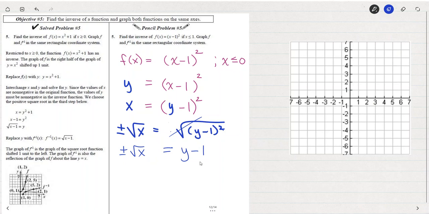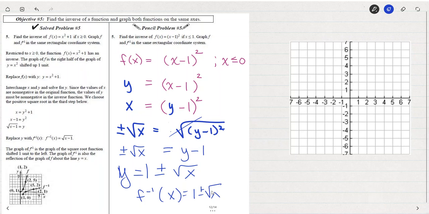Solving this for y, I can add 1 to both sides. So y equals 1 plus or minus the square root of x. Or in inverse notation, f inverse of x is 1 plus or minus the square root of x.